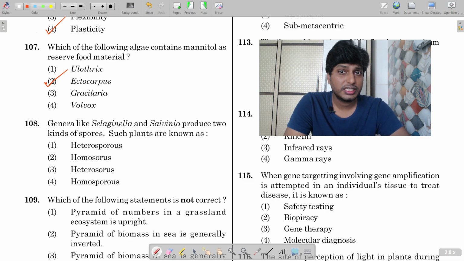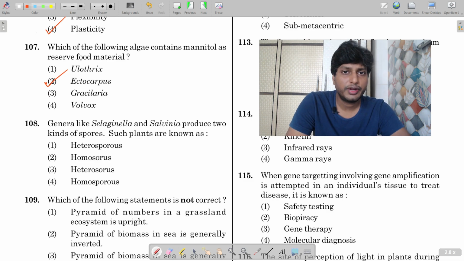The gametophyte stage is the one in which there is formation of gametes, that is, the male reproductive organ as well as the female reproductive organ. Here the male or female reproductive units are the spores. In certain pteridophytes, both the spores are similar as far as their structure is concerned. Such pteridophytes are known as homosporous, when both the male as well as the female spores are the same.